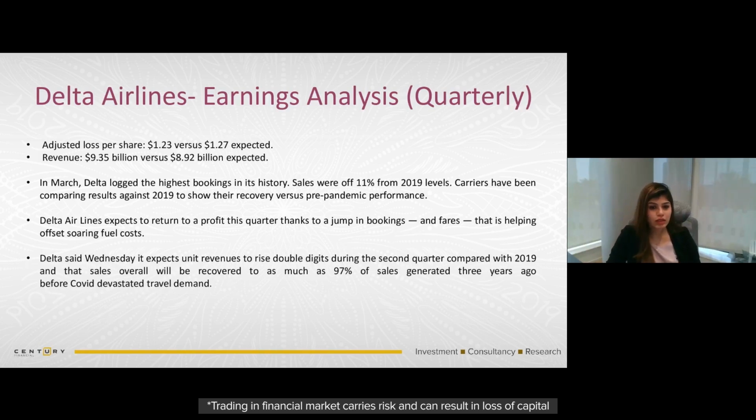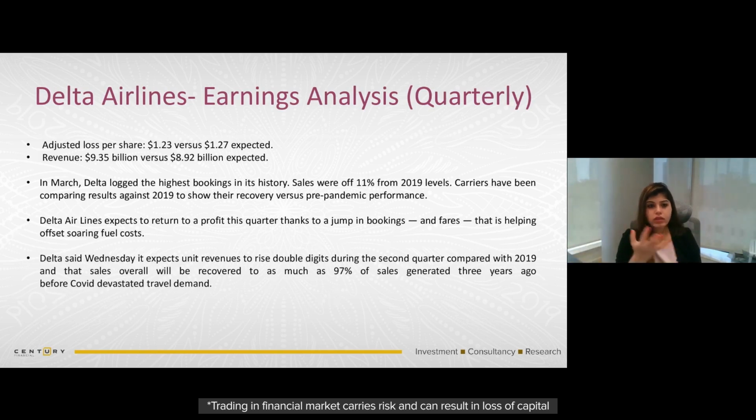Now, the reason was, I think it was available on the slide as well. When the company reported a loss, it reported a loss less than what was expected by the markets. Wall Street estimates were suggesting a loss of $1.27. So the loss came in below estimates, which is why Delta Airlines outperformed, and the stock rallied after the earnings.